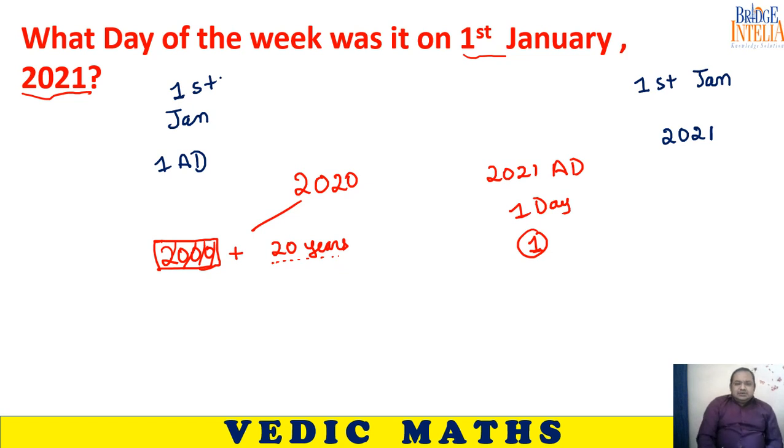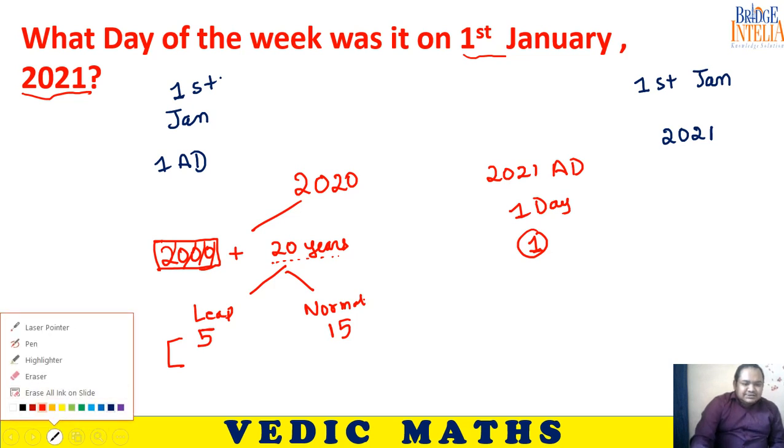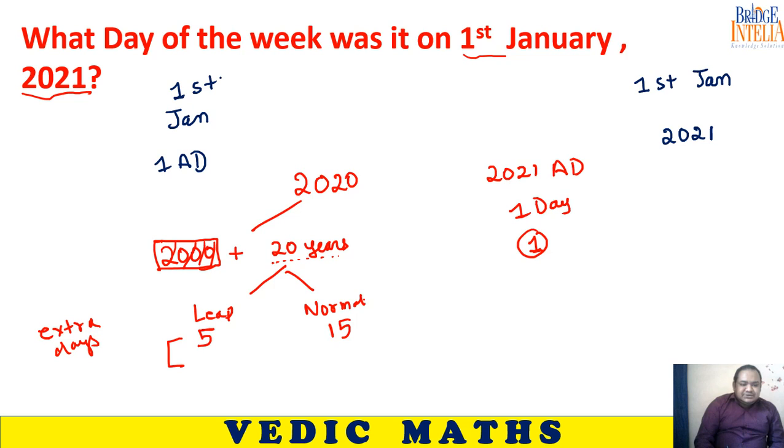So 20 years, how many are leap and how many are normal? 20 years will have 5 leap years and the remaining 15 are normal. Our focus should be only on counting extra days. One leap year generates 2 extra days. So 5 into 2 is 10.